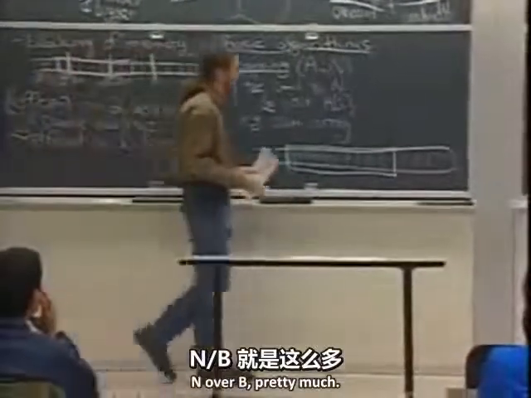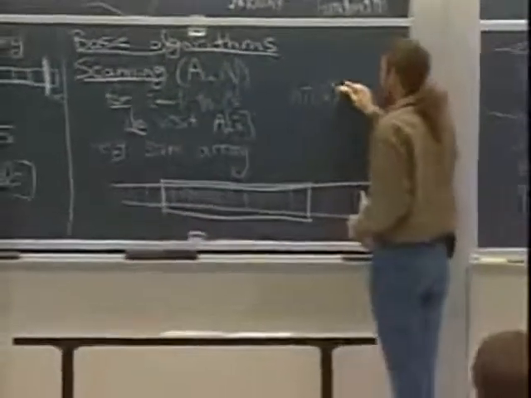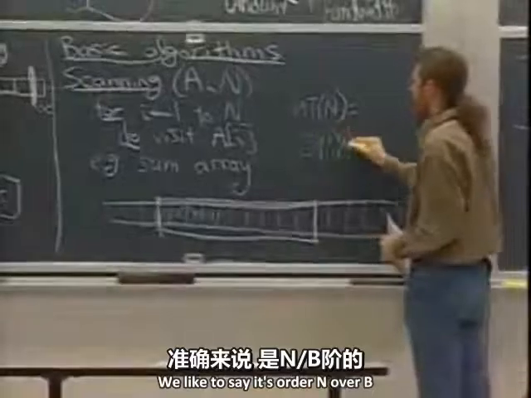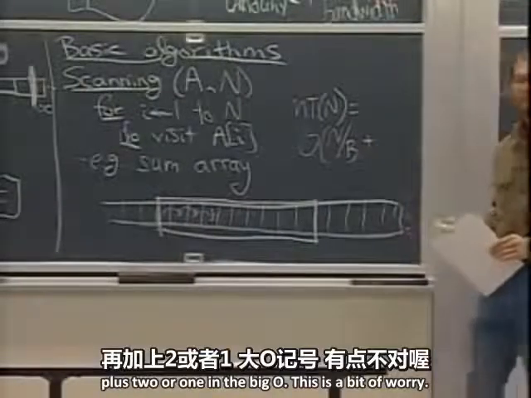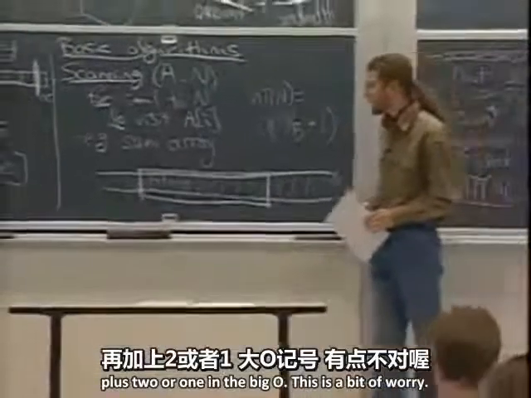N over B, pretty much. I'd like to say it's order n over B plus 2 or 1 in the big O. There's a bit of worry.